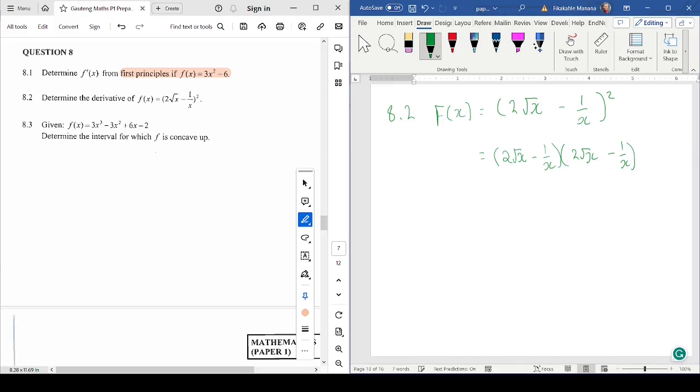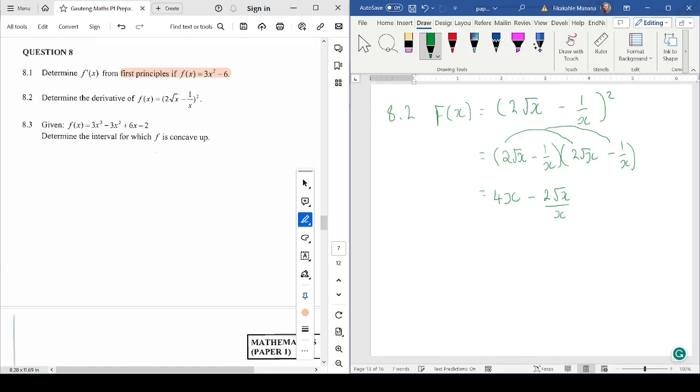And then from there, I'm going to multiply it out. The first one is this one. It's 2 times 2, which is 4. Square root of x times the square root of x is just x. The next one, I multiply this 2. 2 times 1 is just 2, right? And then the square root of x goes on top, right, over x.